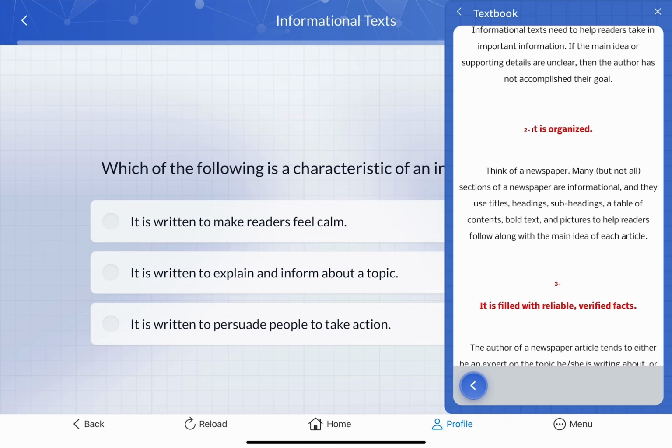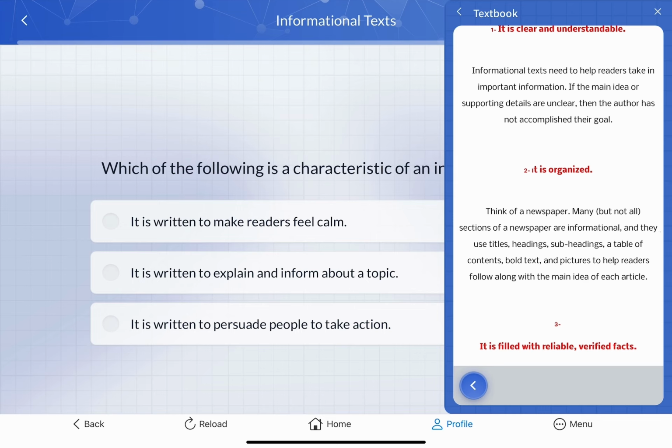So you want your informational text to be organized just like a newspaper. Not like you're writing about the title and then you don't want to write about the title anymore, then you go over the heading, and just in the middle of the heading you jump right up to the bold text and the picture, and then come back again for the heading. That's not going to work.